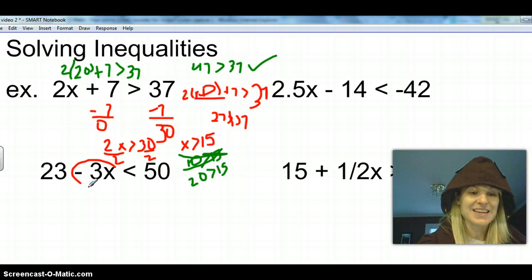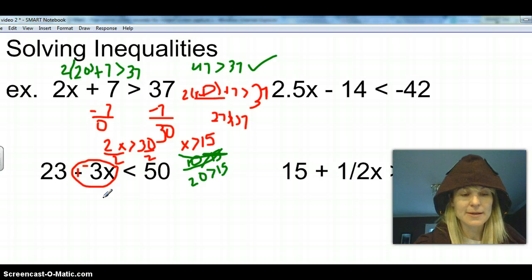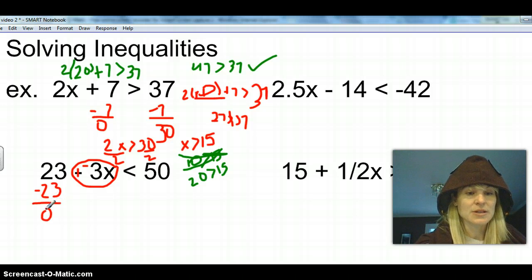This is negative 3x. But to get rid of positive 23, I have to do its opposite, which would be negative 23, or minus 23, which is the same thing. So that gives me 0 there, and I can do minus 23 here.